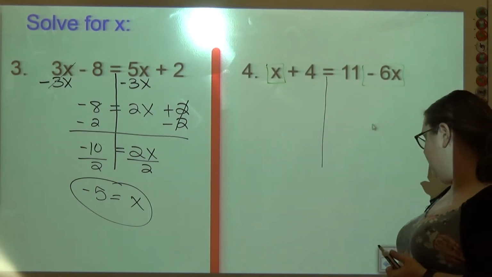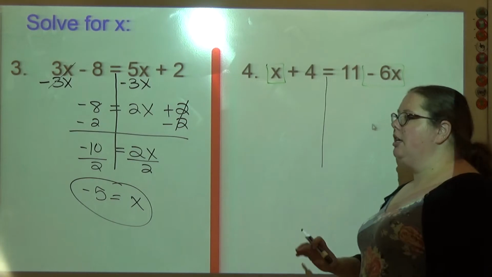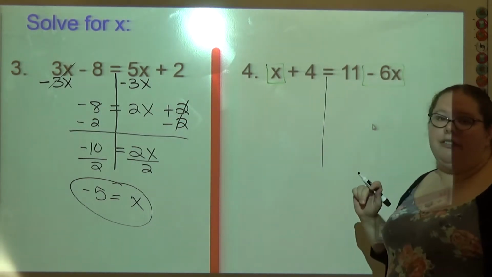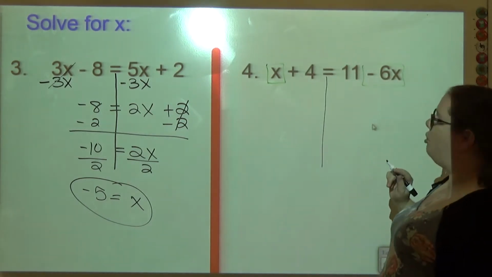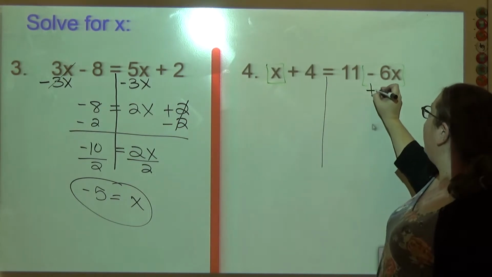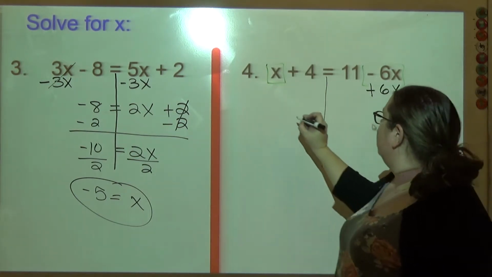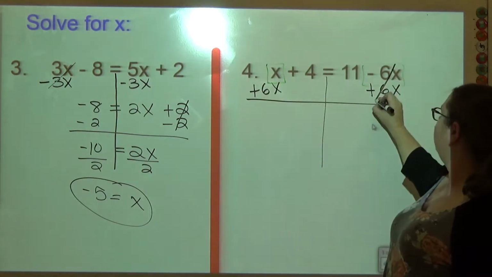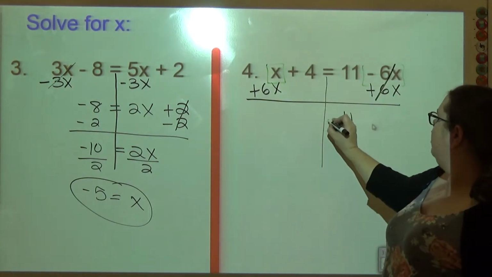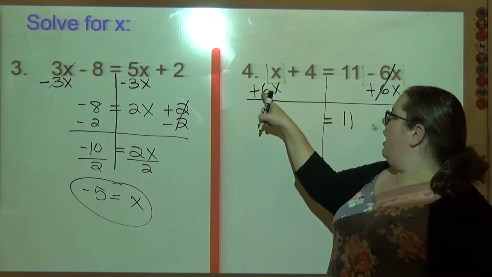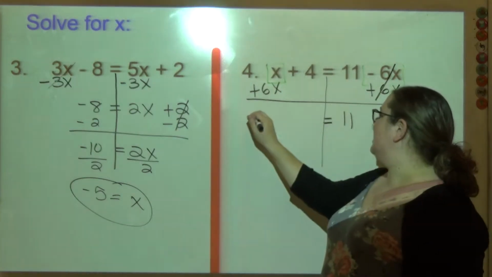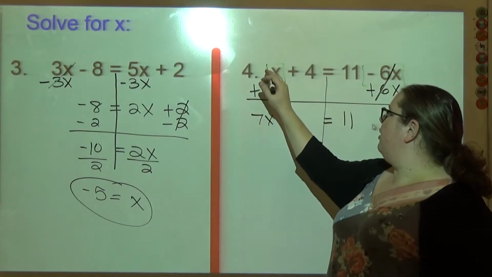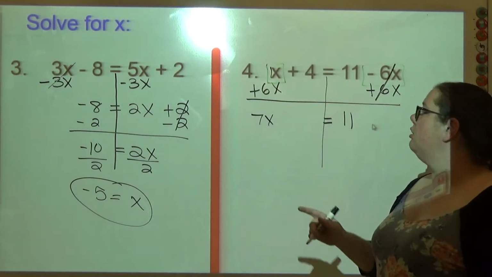That 6x is smaller, so that's what I'm going to move. 6x is negative. The opposite of subtracting is addition. So I'm going to add 6x to get those x's together. 11 equals x and 6x is 7x.